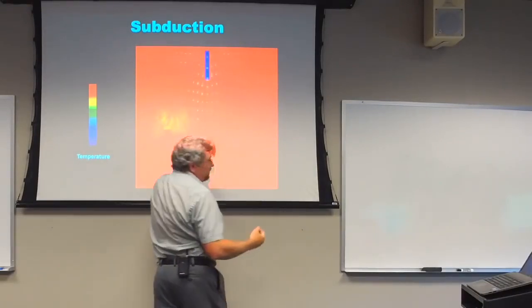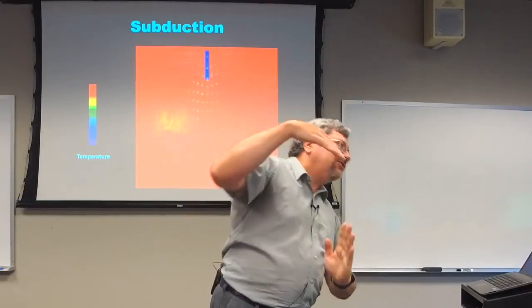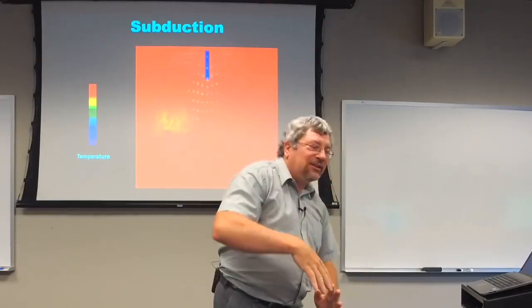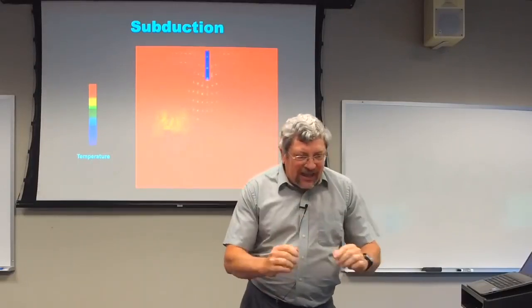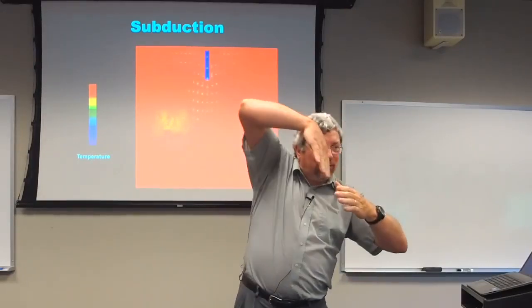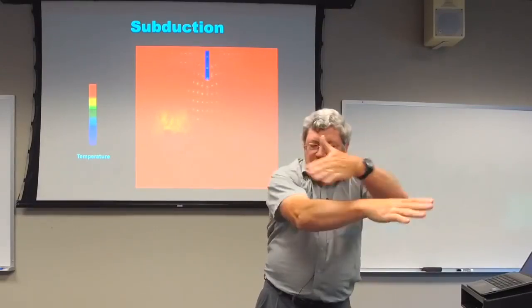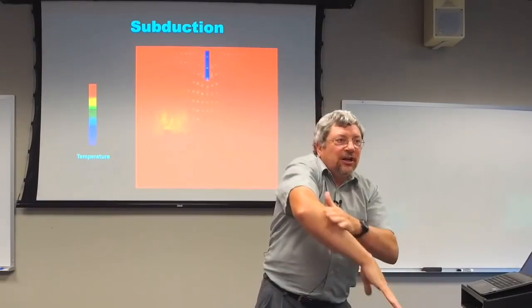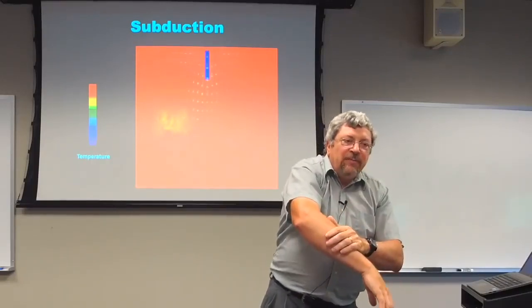You have arrows indicating how the mantle is moving in order for the stuff to go down into the mantle. As it does so, the mantle moves along the side, or the plate slides through the mantle. There is frictional heat that is built up along the sides of the plate.